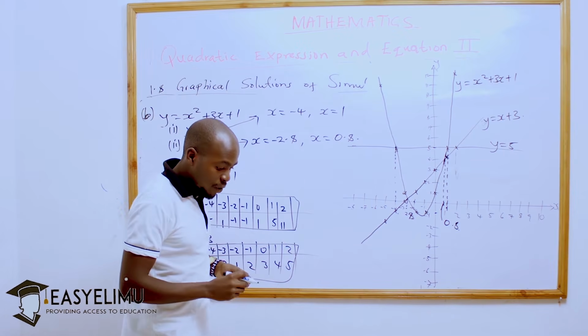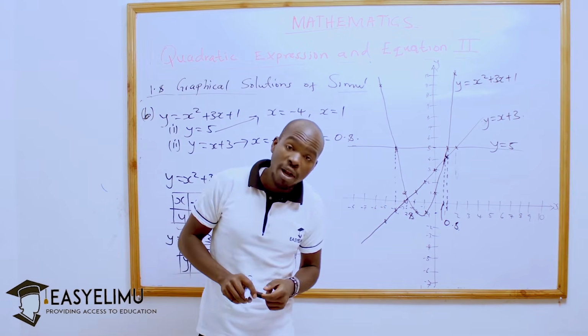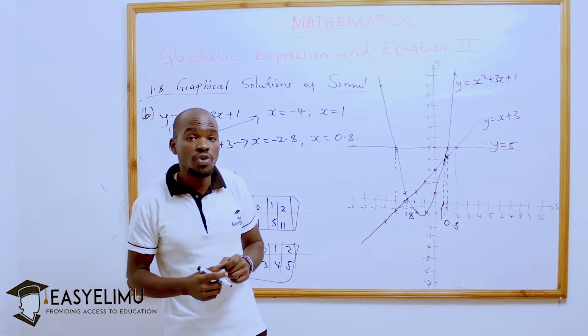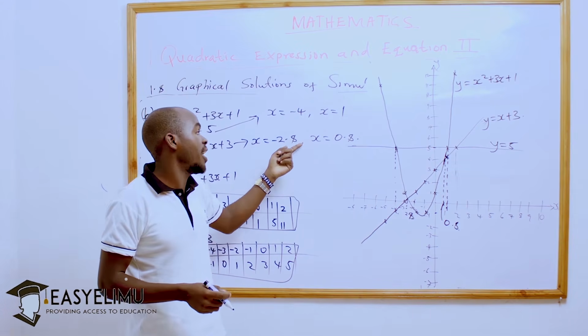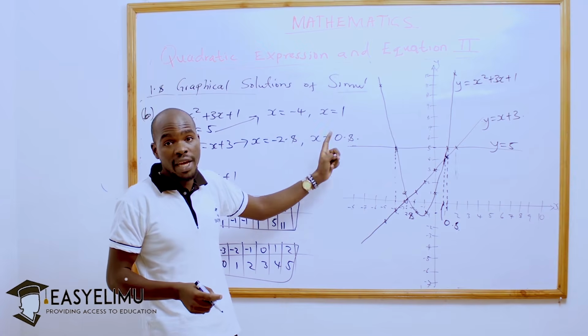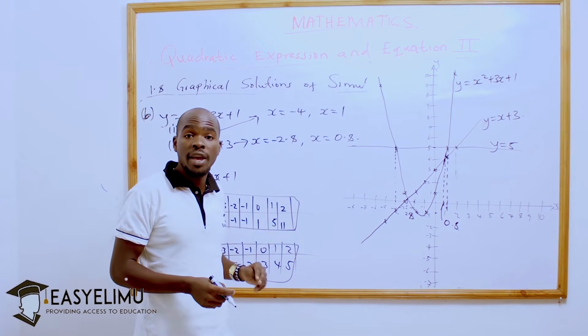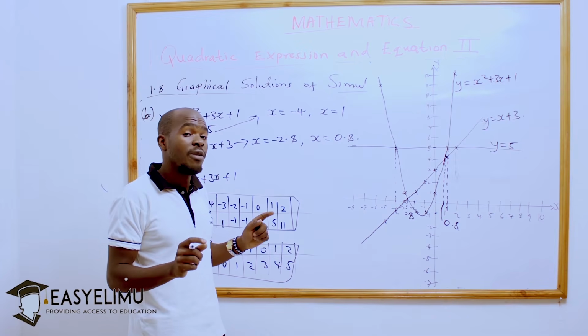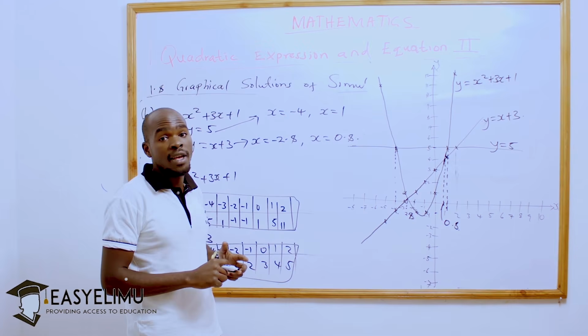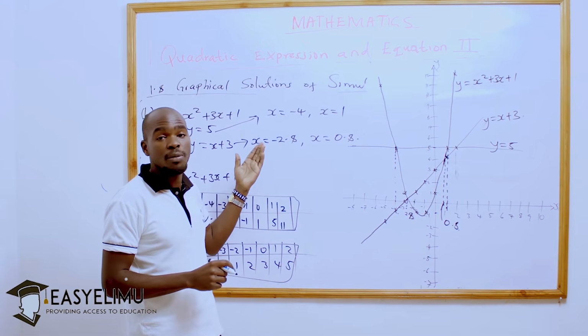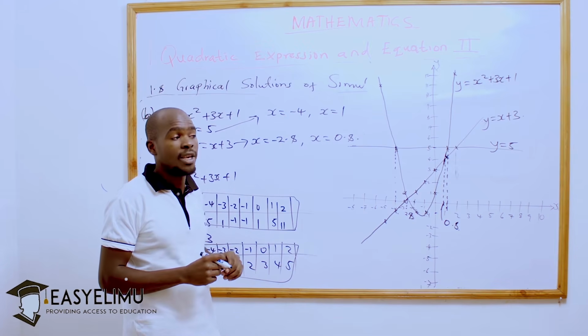So for the quadratic equation x squared plus 2x minus 2 equals 0, we have the solution as x equals negative 2.8 and x equals 0.8 as per my graph here. If you draw it well to scale, you will find the real value, much closer to what we have seen here.